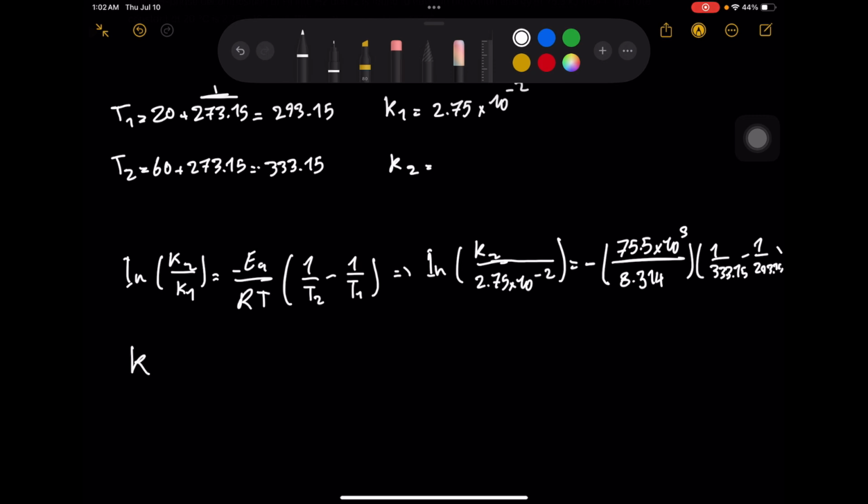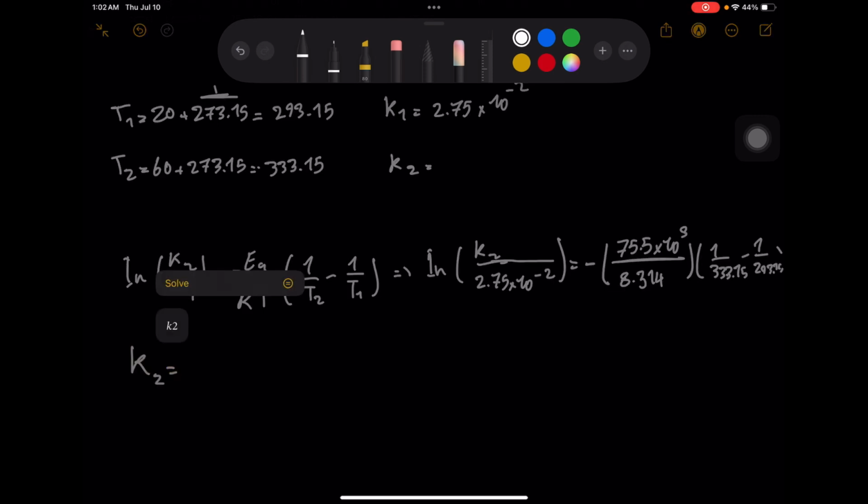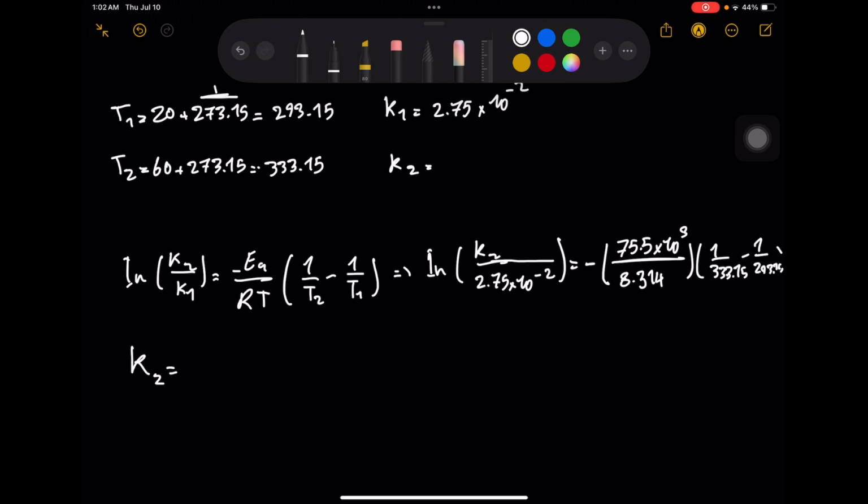So the K2, sorry, would be 1.14, and that's basically our K2, which is much higher than the first one, K1.